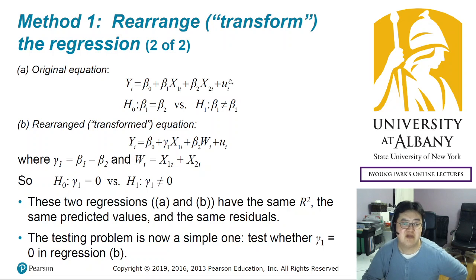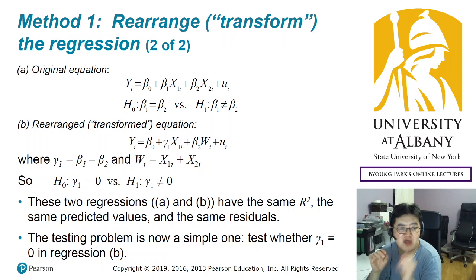Everything else must be the same except for this and this. For example, beta 2 and its standard error must be the same, and of course beta 0 and its standard error should be the same. Basically they are the same problem with just a small trick. So it's a very clever idea to simplify the test.